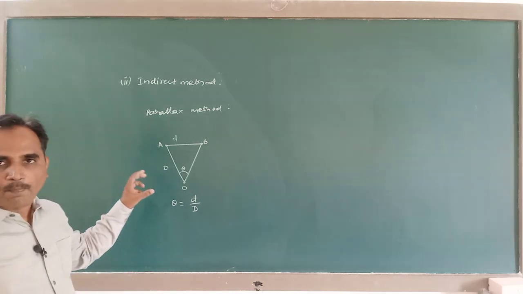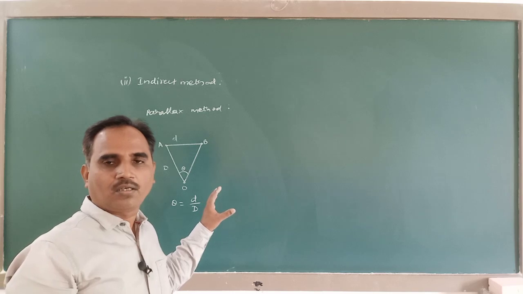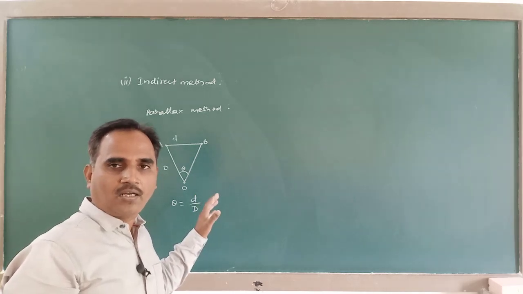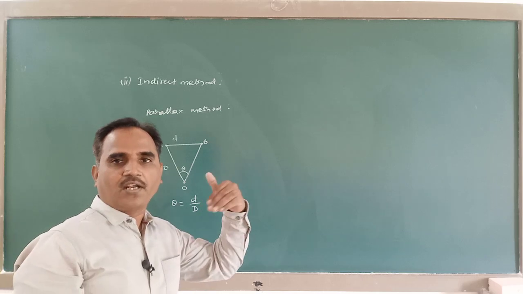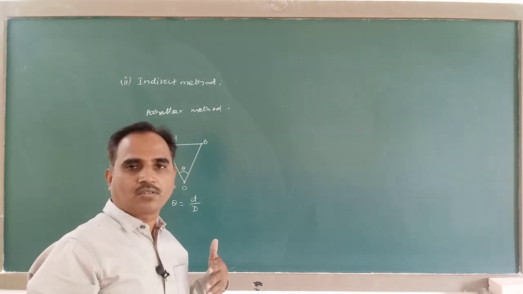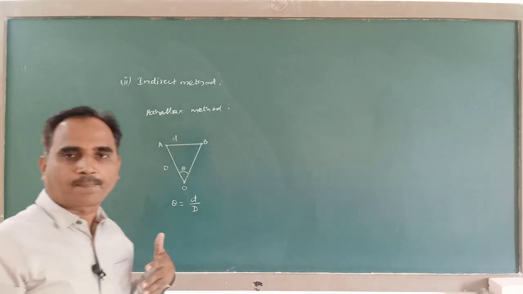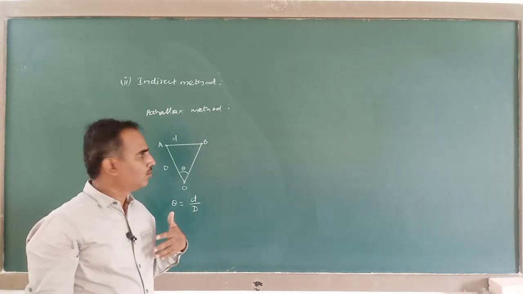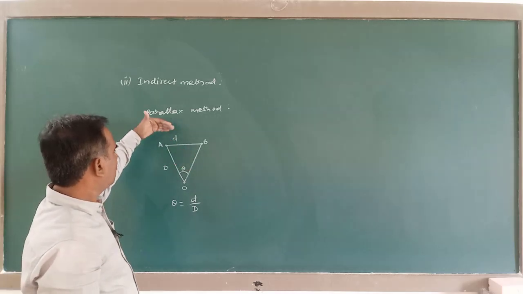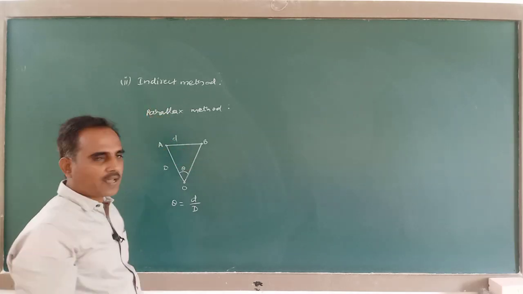So this type of parallax method is employed particularly to measure these interstellar distances, astronomical distances. Understand? So these astronomical distances are estimated by means of this parallax method.